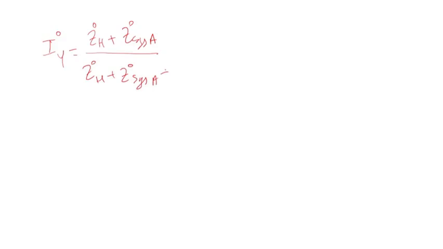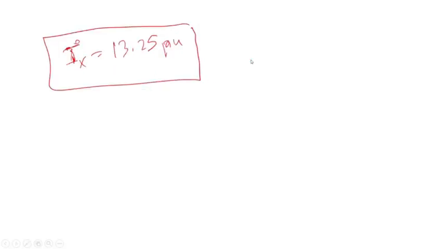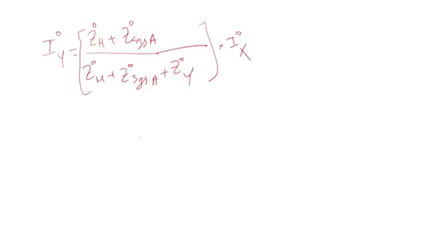The system A plus zero sequence of the Y, times I0X, which I calculated here. So now it's just a matter of plugging in the numbers. 0.0096 plus 0.003 divided by the sum.